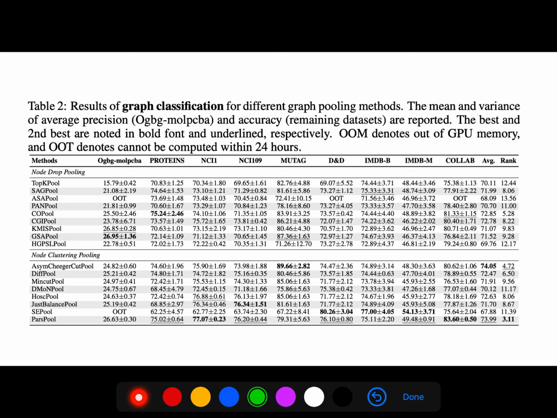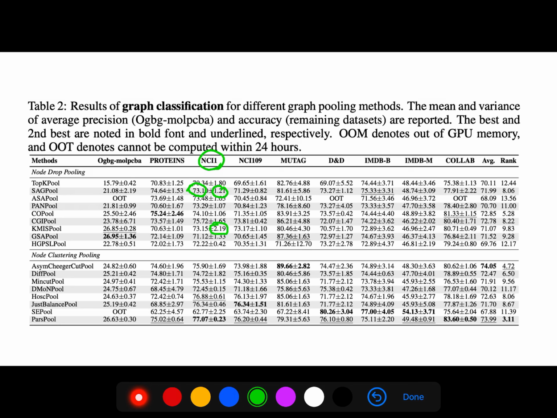And you see the performance; the mean and variance of average precision and accuracy are reported. For example, on NCI1, if you use SAGPool, then you have 73% accuracy with this standard deviation. Of course, it is not good that you have a very big standard deviation.